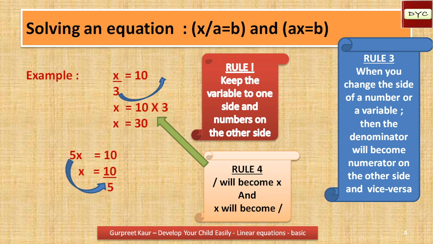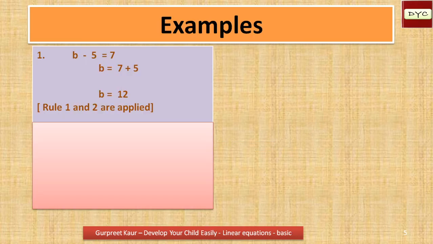On the other side, when I have shifted, it has become the denominator, and multiplication has also become the division part. Rule number 4 has applied here. So when I change this, this has become x is equal to 2, because 10 is easily divisible by 5. So x is equal to 2.